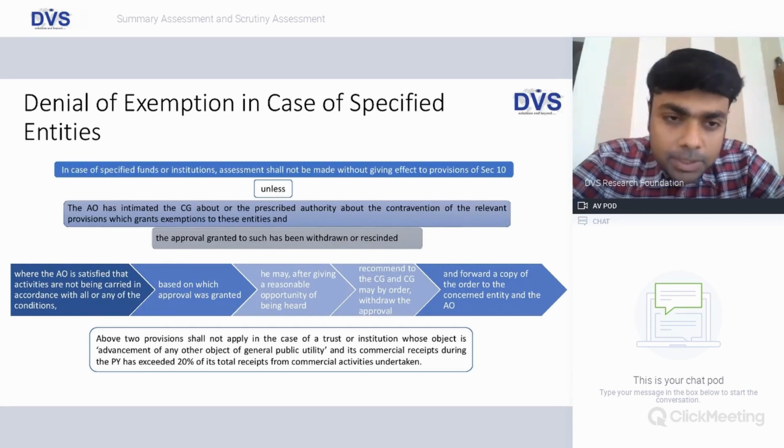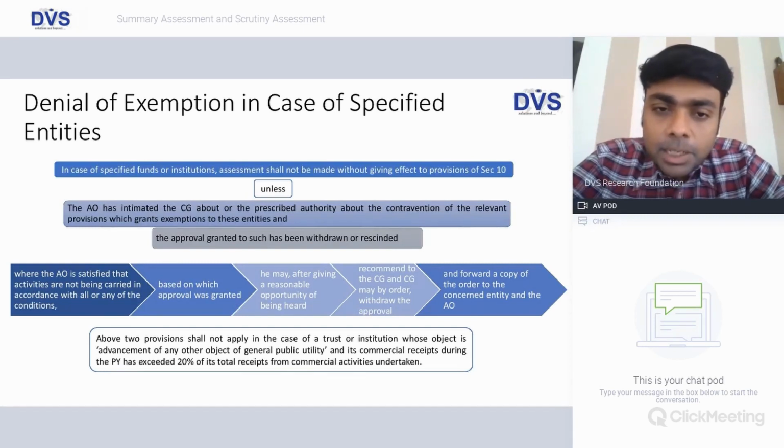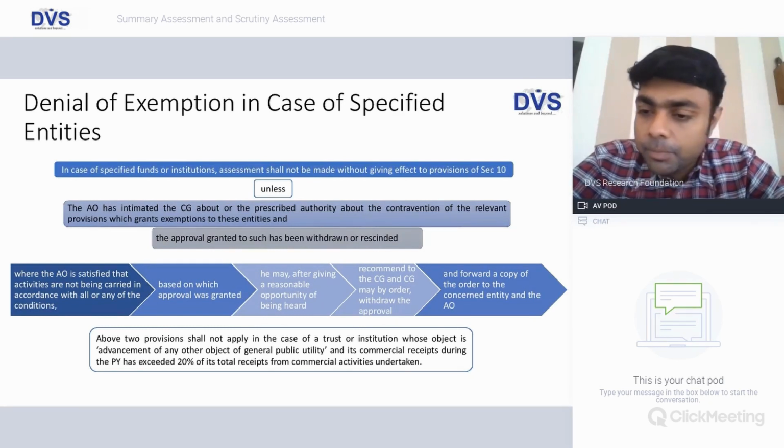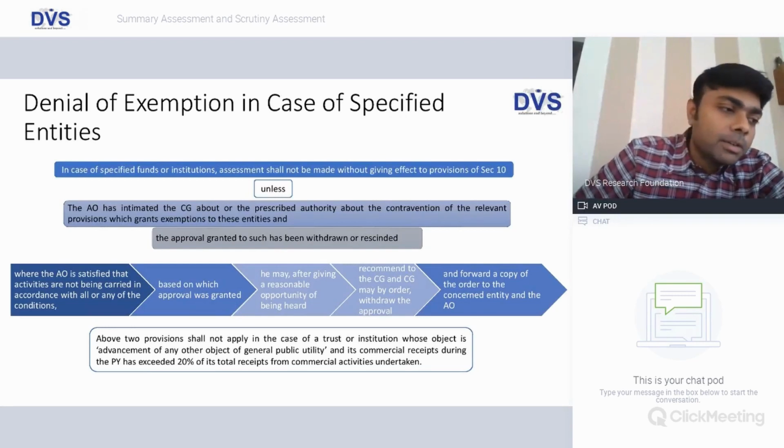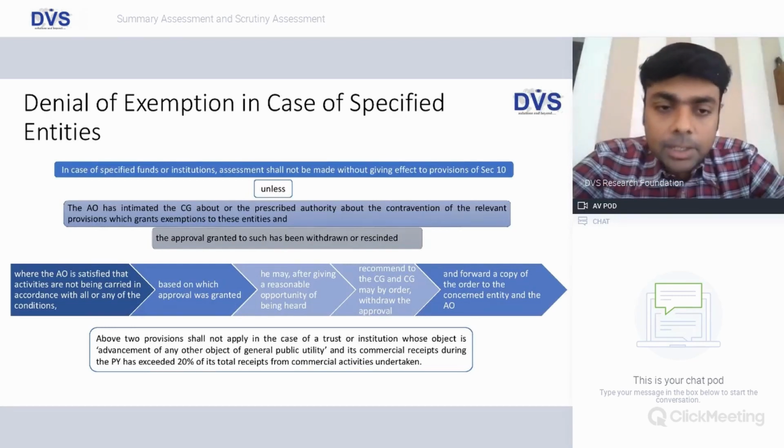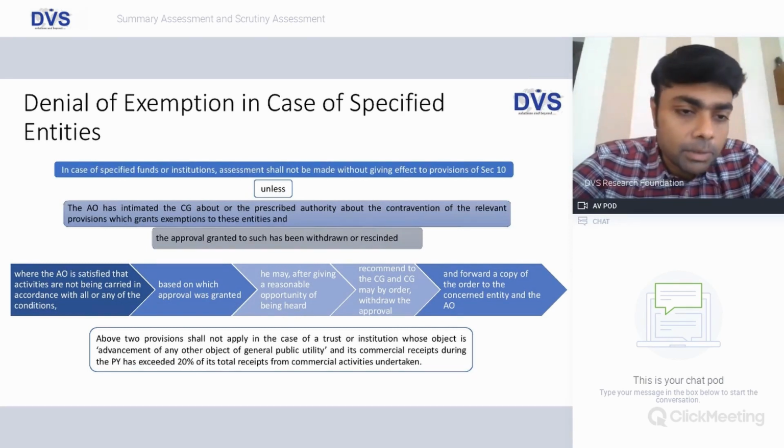So in case of such institutions, the assessment shall not be made without giving effect to the provisions of Section 10. So the assessing officer cannot just assess the income without considering the exemptions available under Section 10, except in circumstances where the institution has contravened the provisions of law and has made certain violations, in which case the approval granted has either been cancelled or withdrawn.